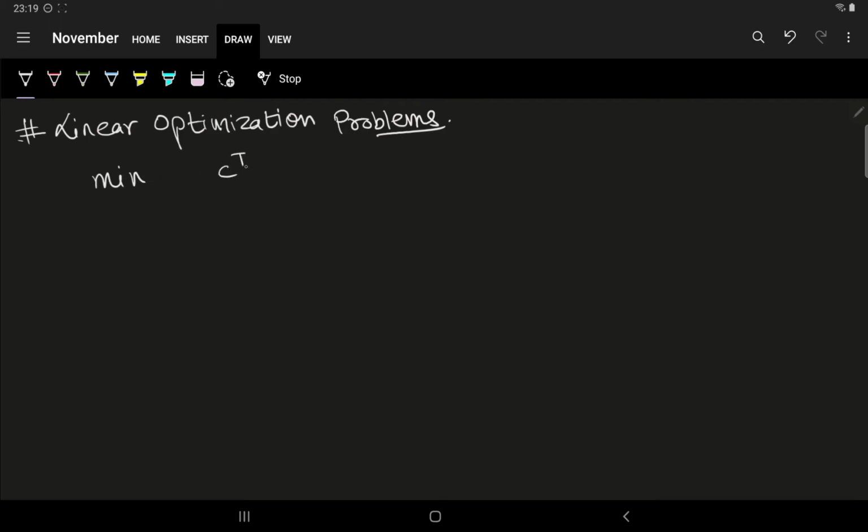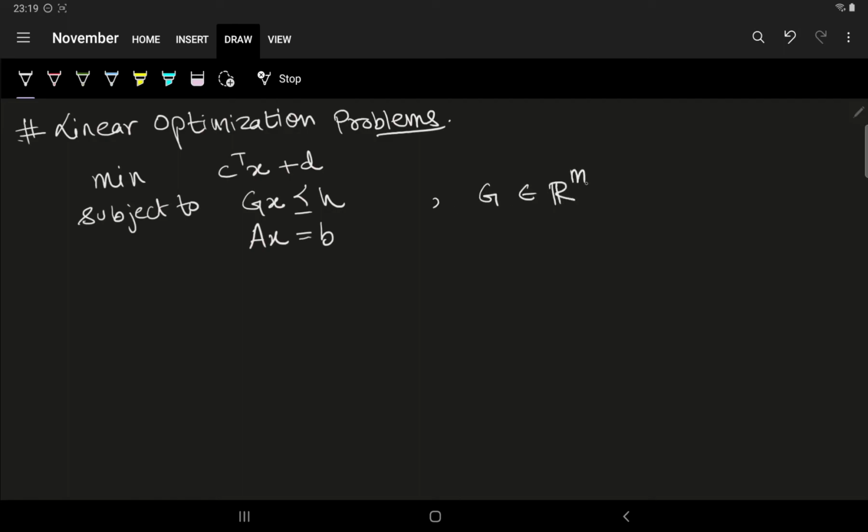So we need to minimize c transpose x plus d, subject to Gx inequality h, and the equality Ax equal to b, and G belongs to R^(m×n), and A belongs to R^(p×n).